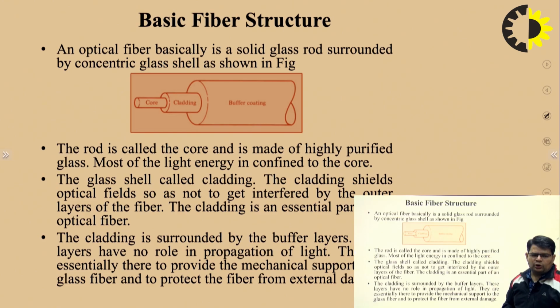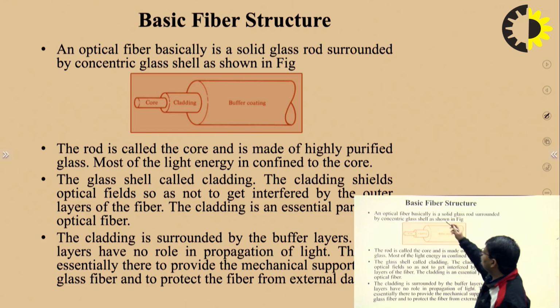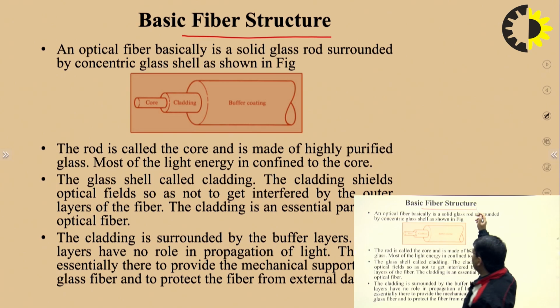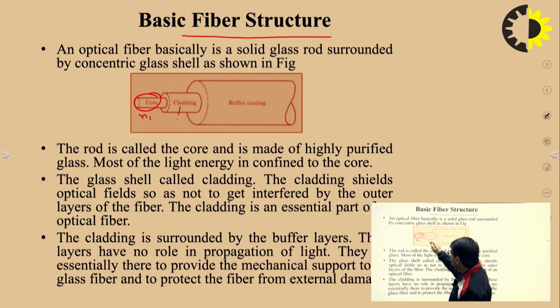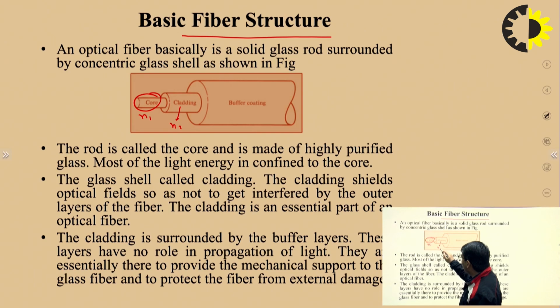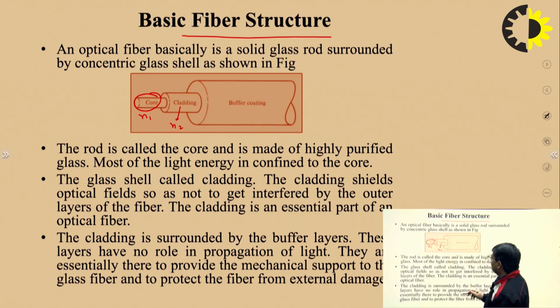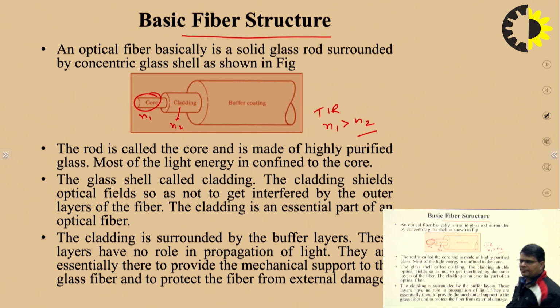This is the basic optical fiber structure that has been shown here. As discussed, there are three main layers. Inner layer is core with refractive index N1. Then we have outer layer cladding with refractive index N2. Then to ensure the TIR, as discussed, we ensure refractive index of core is greater than the cladding.